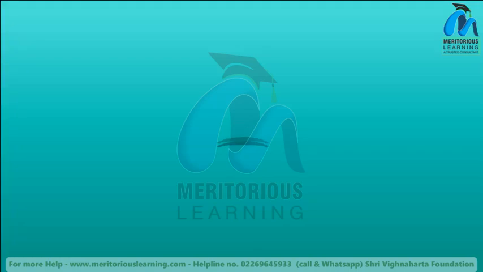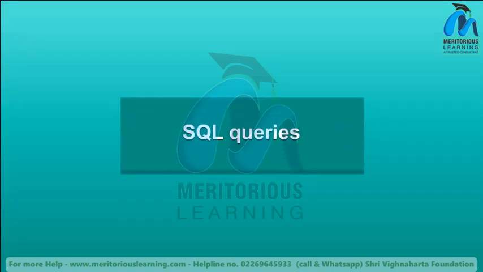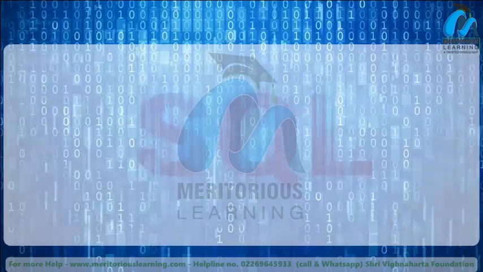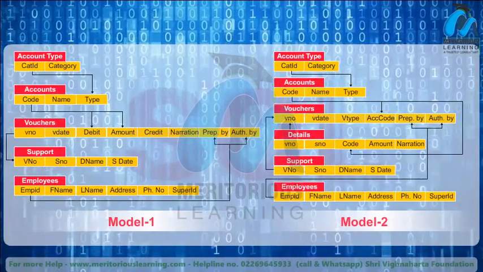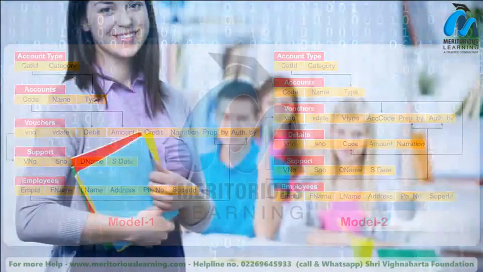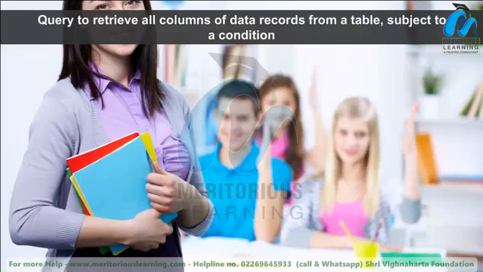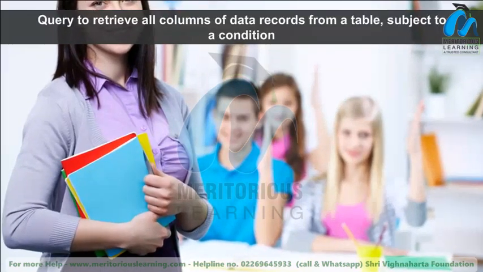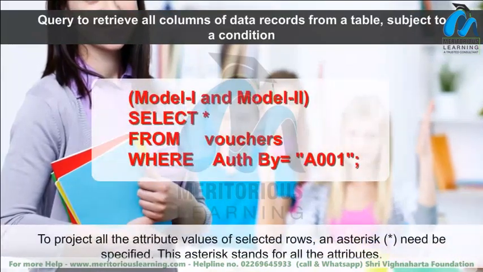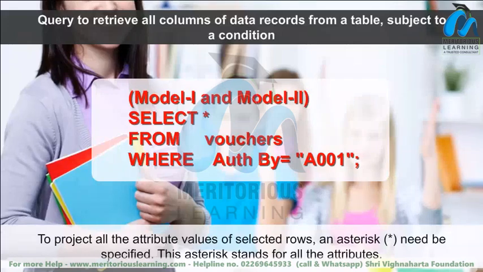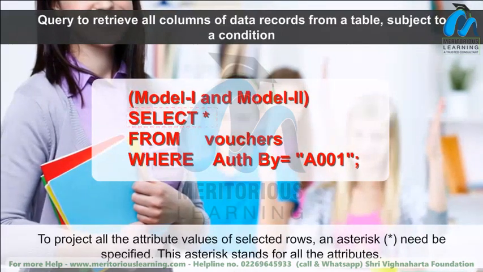SQL queries. Let us take the example of Model 1 and Model 2 to create the following queries. Query to retrieve all columns of data records from a table subject to a condition. To project all the attribute values of selected rows, an asterisk needs to be specified.